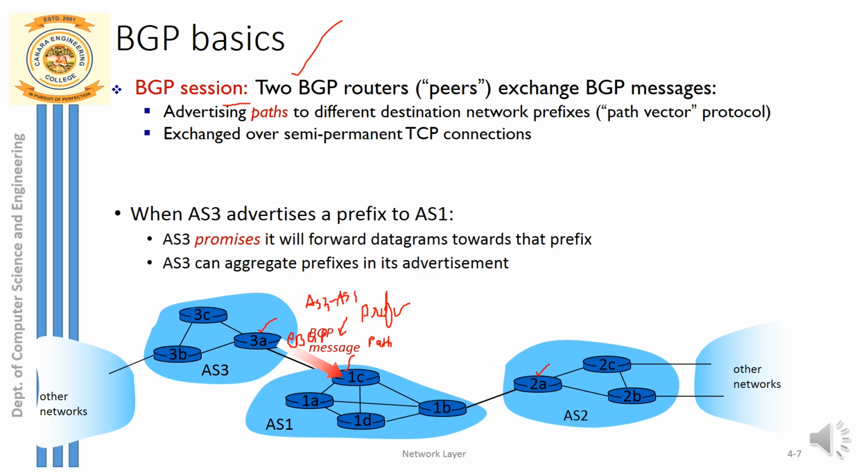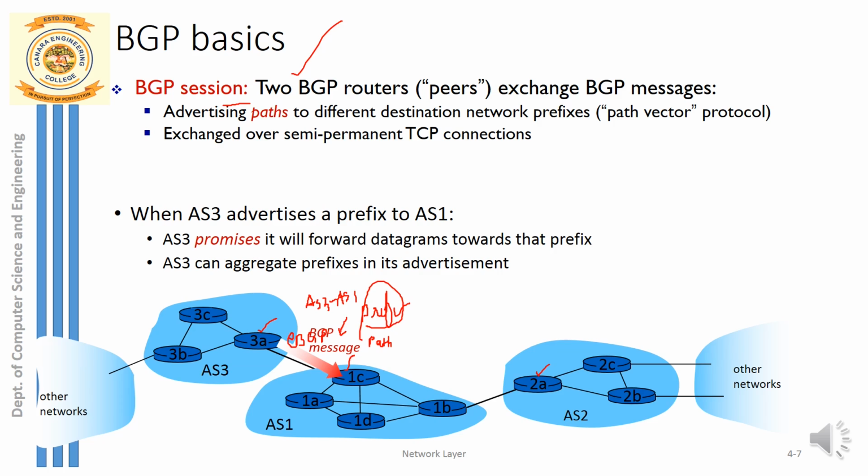You can see all these routers will have some subnets connected to them inside the organization, inside the autonomous system. All these subnets will have one unique address, right? All these subnet addresses will be unique, but the first part of the subnet address, you call that the prefix.